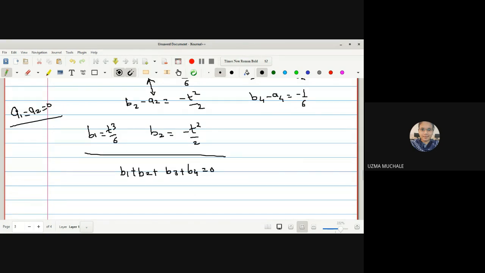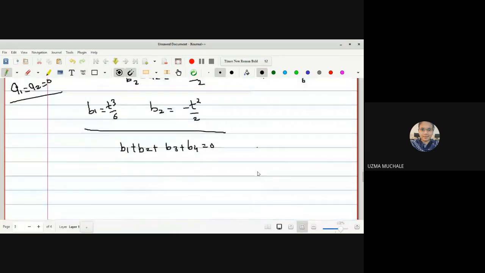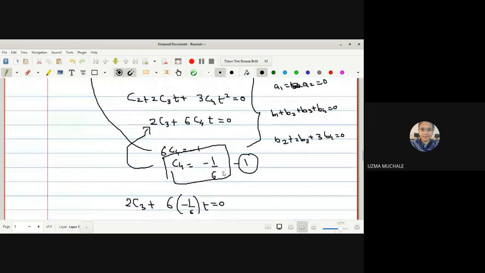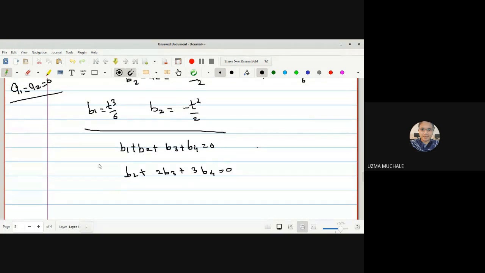This is the equation we have to solve. Use these values of B1, B2 here, and you can get the relation between B4 and B3, and hence you can solve it to get the values of B3 and B4. Solve these two equations substituting this and tell me the value of B3 and B4.